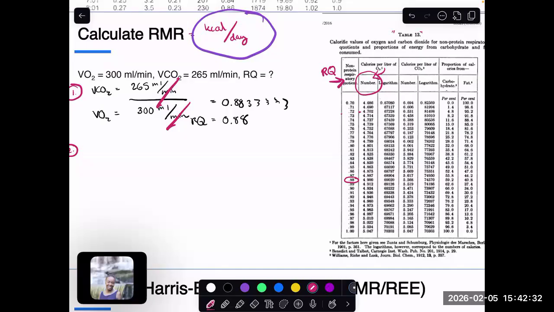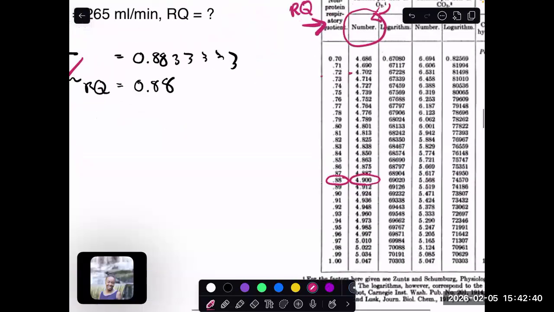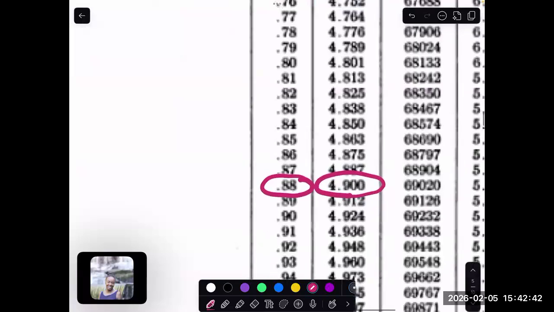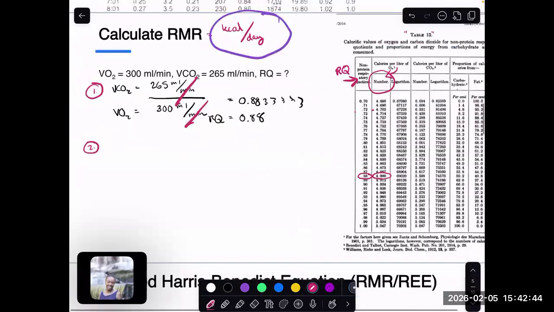And right beside it, we can see the calories burned per liter of oxygen, and that is 4.9. Zooming in, you can tell that it is a blurry 4.900. So with a respiratory quotient of 0.88, this person is burning 4.9 kcals per liter of oxygen.